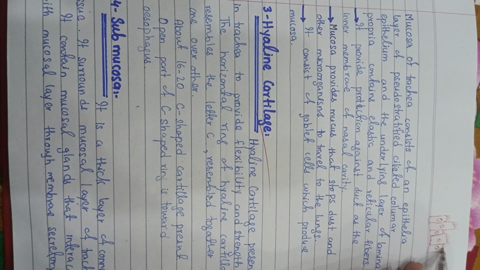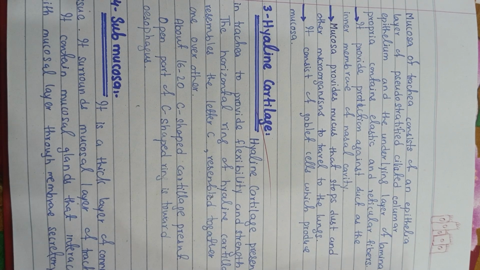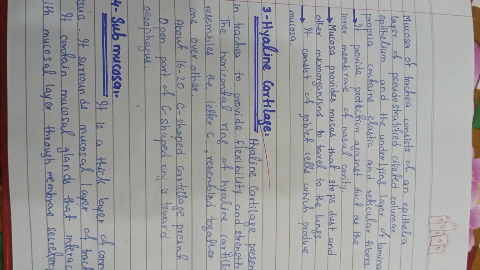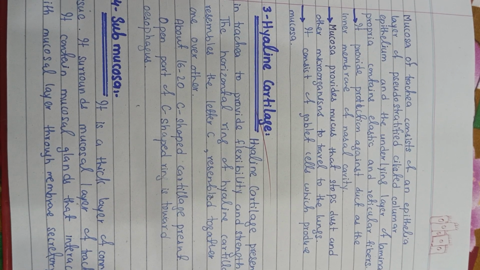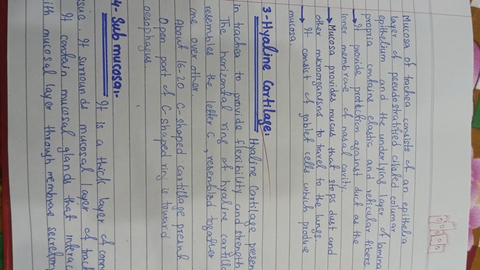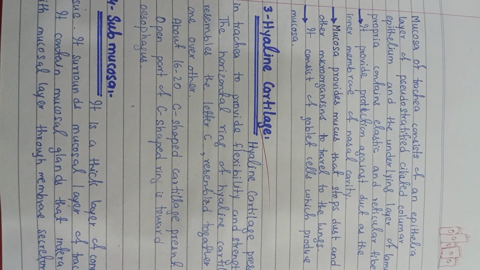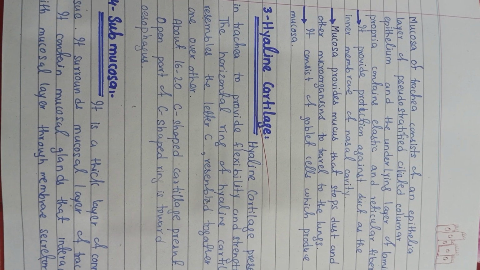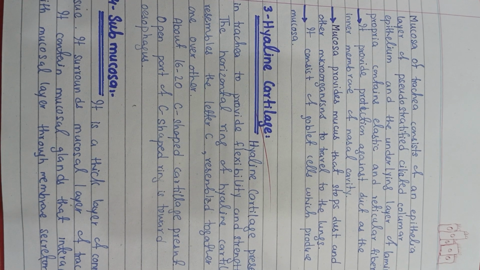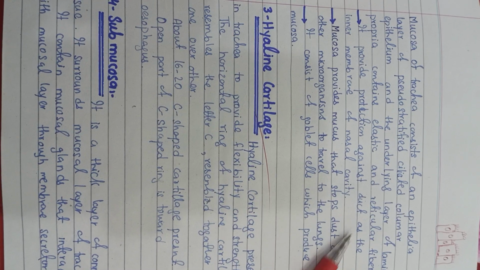Above this lecture, we have discussed the types of epithelia. If you have watched that video, you will easily understand the concept. If you haven't watched it, then go and watch that video, and then come back and you will easily understand what pseudostratified ciliated columnar epithelium is.